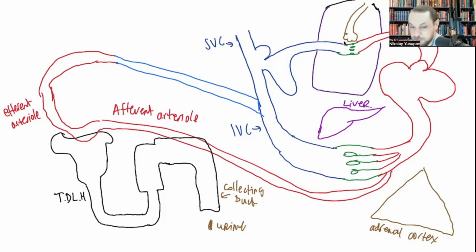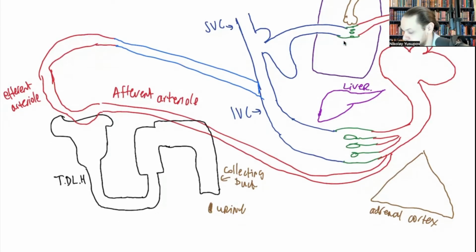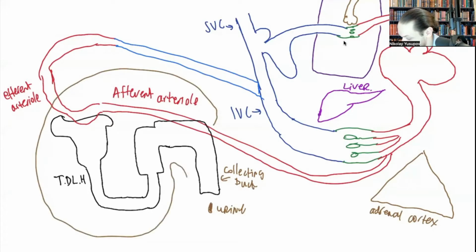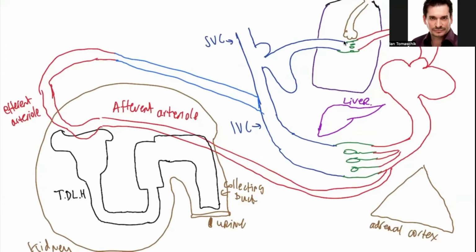All right, so far I think it might be self-explanatory. Let me make sure you guys understand this is the kidney. Okay, so far everybody's with me? Yes, no? Yep. All right.